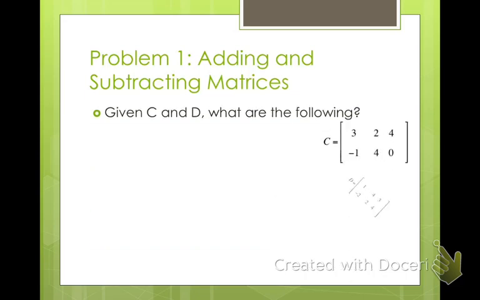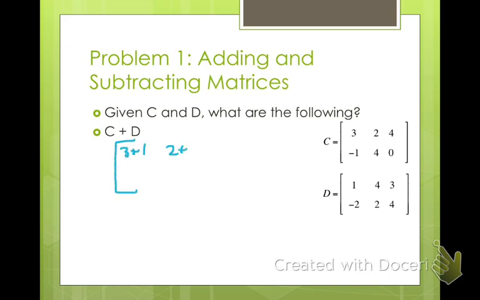Alright, so let's work on these. Here are C and D. Are our matrices the same dimensions? Yes. So we can go ahead and add them together. If we did C plus D, we want to add 3 plus 1, 2 plus 4, 4 plus 3, negative 1 plus negative 2, 4 plus 2, and 0 plus 4.